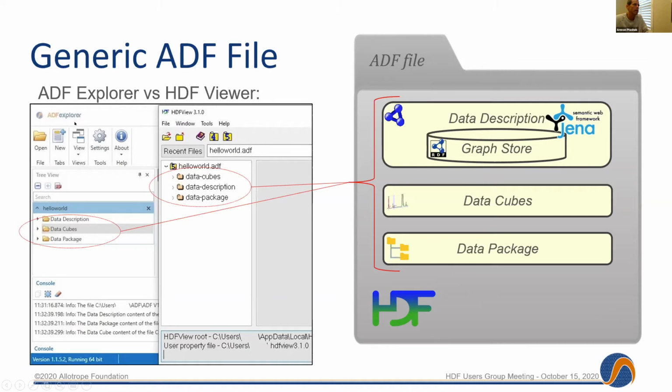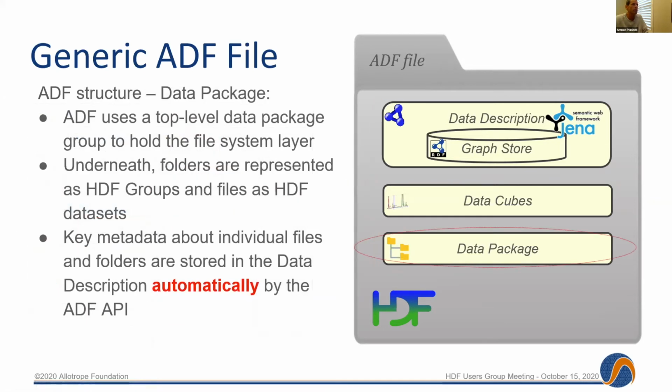We see the three layers, the data package, data description, and data cube, in the HDF viewer as well as in the ADF Explorer. And we'll see the comparison in a few of the layers.